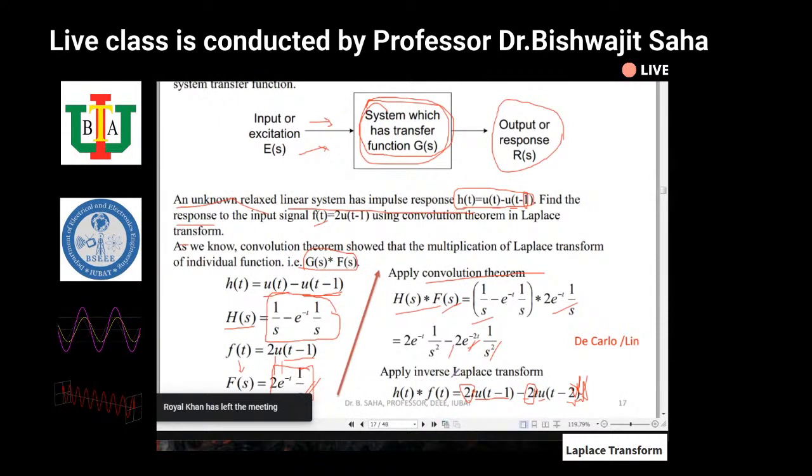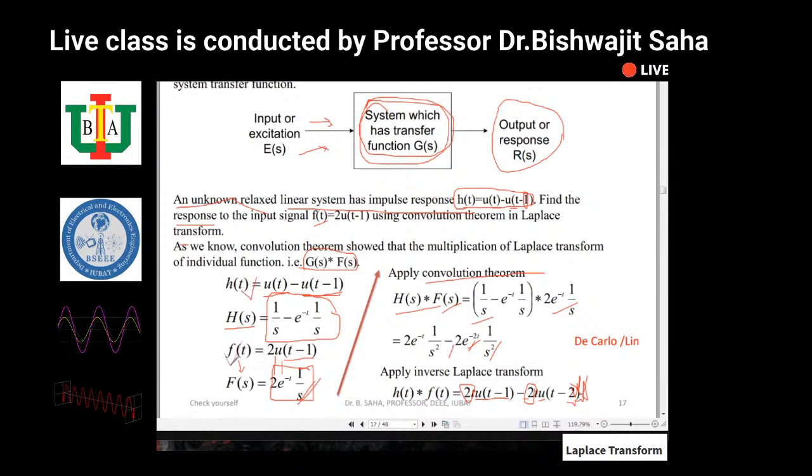Everybody clear about how we can use the convolution theorem? Very simple. If we multiply this one and this one, is it possible to find this? It is quite impossible directly, but you can apply a geometrical explanation. If you apply the convolution theorem, it is easier than the geometrical explanation. Understand?